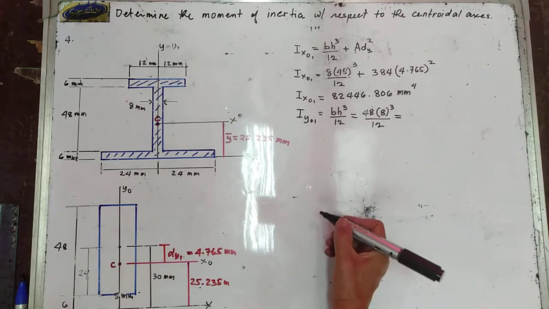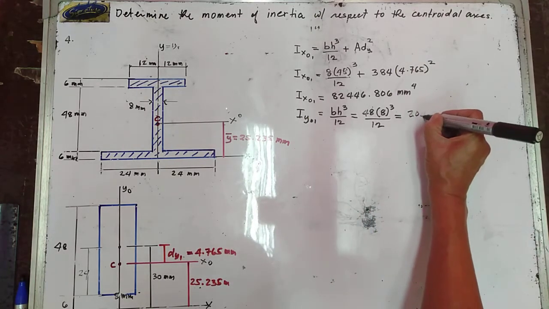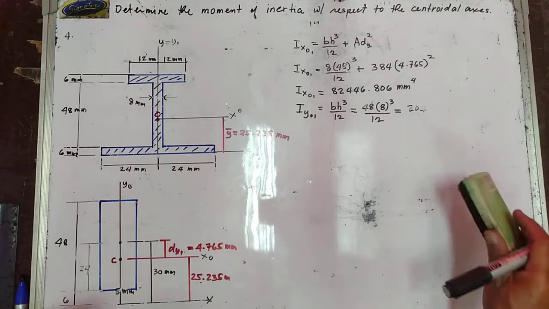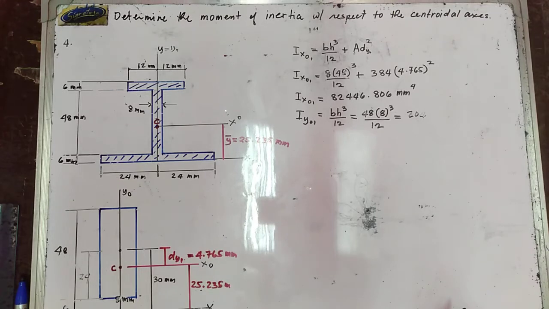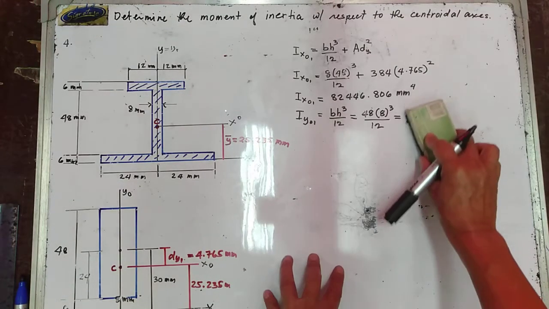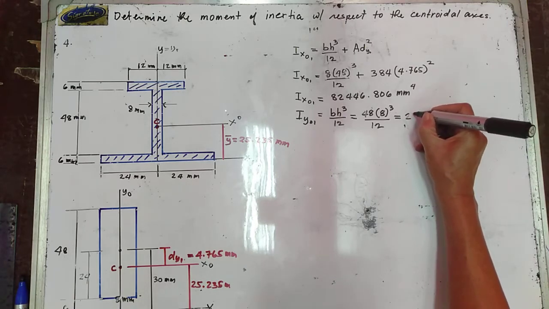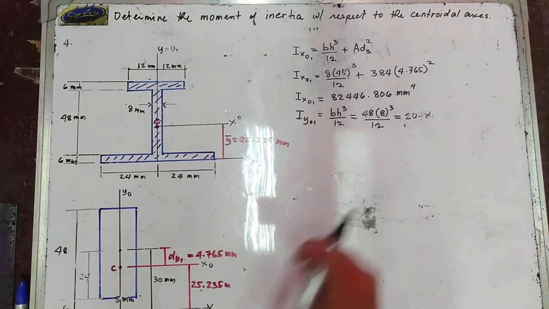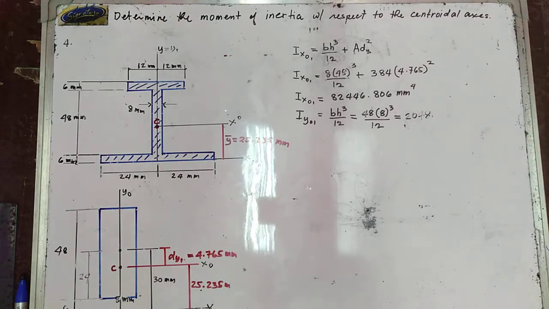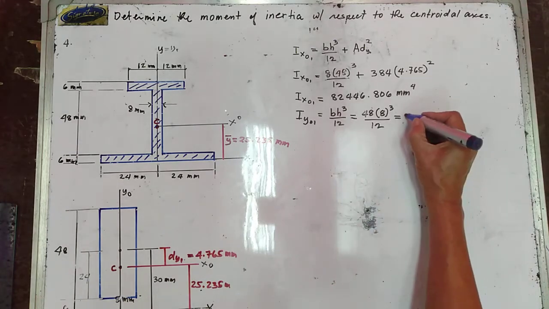So 48 by 8 cubed all over 12 is equal to 2048.